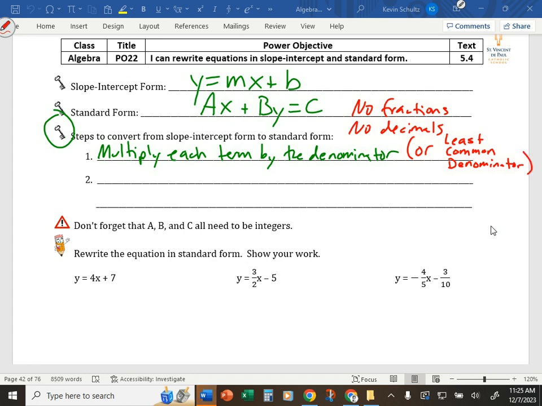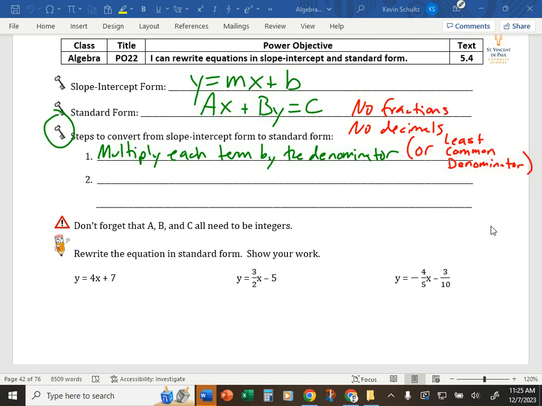You've probably heard that acronym before. LCD, the least common denominator. We'll do that least common denominator part when we have 2 fractions, like the third one here. This gets a little bit messy, I'm just going to warn you. But the first step is to multiply each term by the denominator or the LCD.